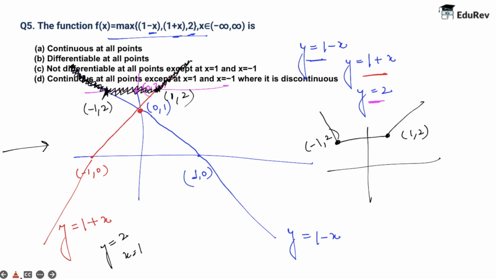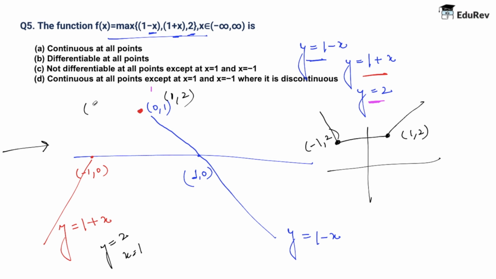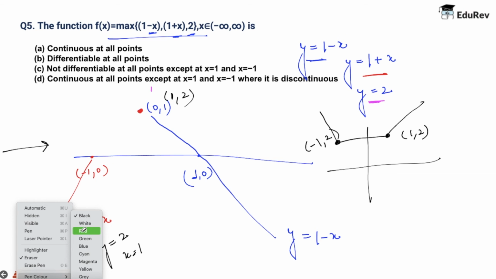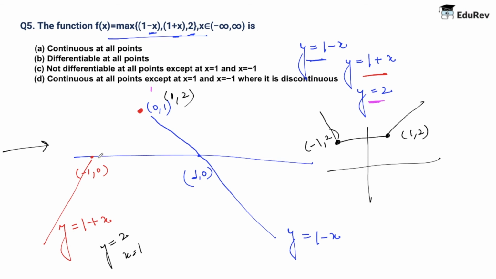So now let's check what are the options and let's mark the correct one. But before that, I'm just going to erase this. Alright, so when I look at the options, the first option says that it is continuous at all points. So this is true because our graph is continuous at all the points. Next is that it is differentiable at all points.